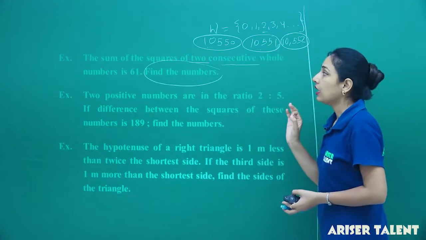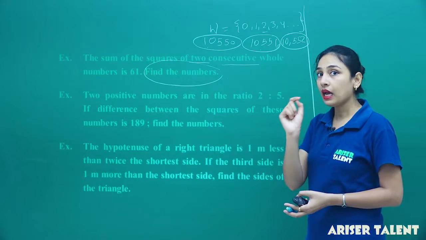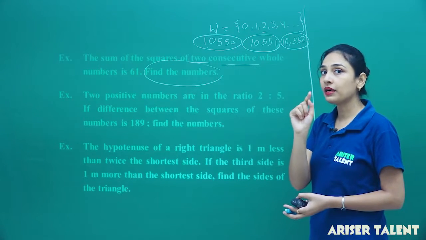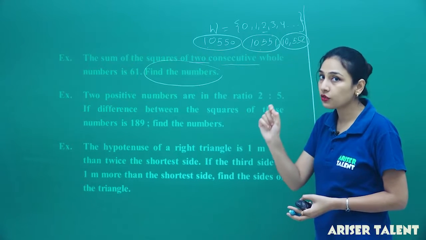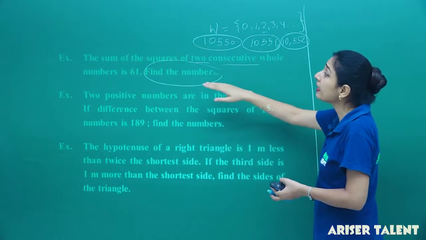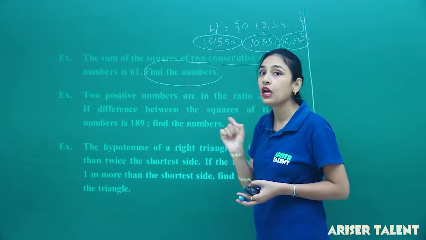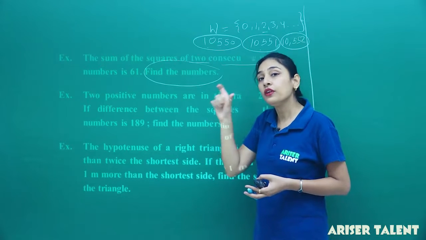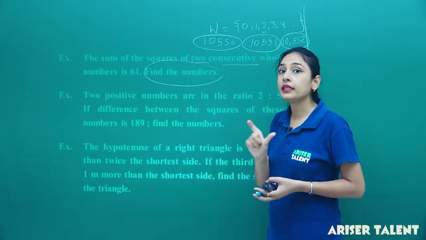So it's asking us to have two consecutive numbers. So if I am having one number as x, what will be the next number? x plus 1 for sure. Okay. Now, it's saying that the sum of the squares of two consecutive whole numbers is 61. Now, this is the language. We have to use this language to form a quadratic equation.